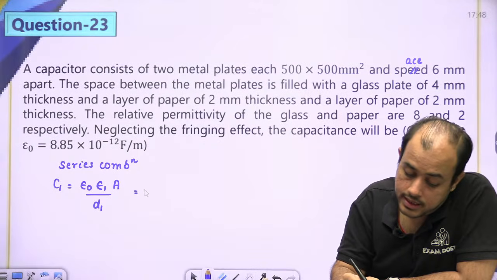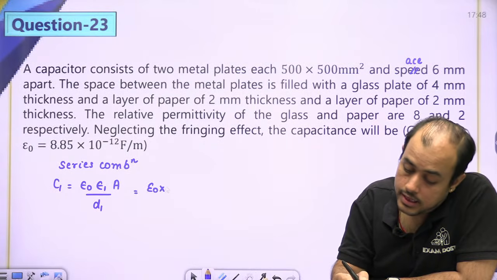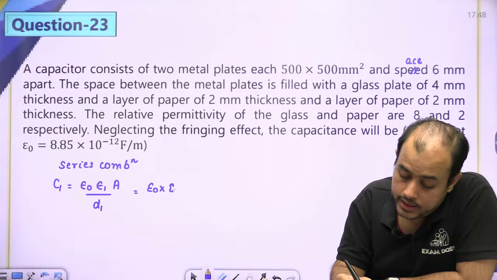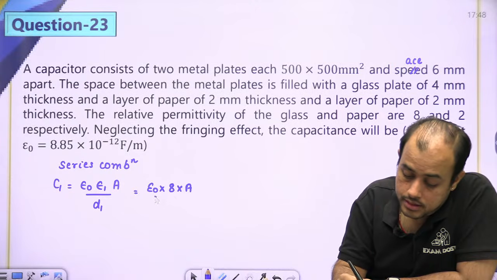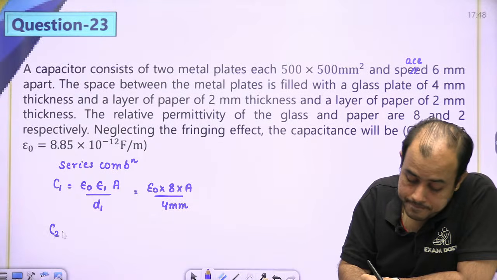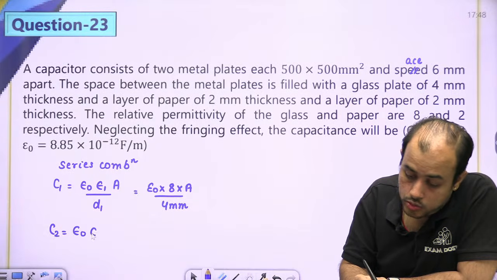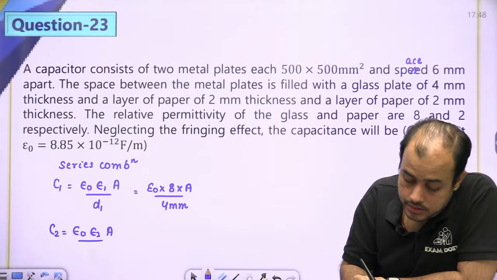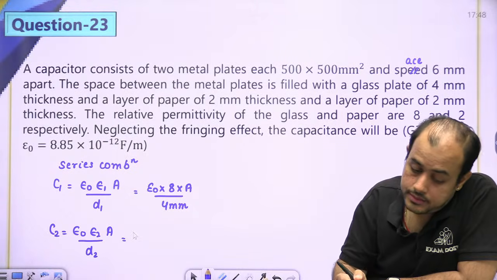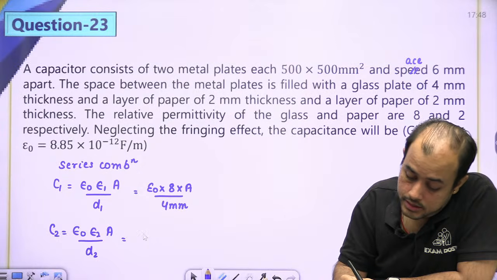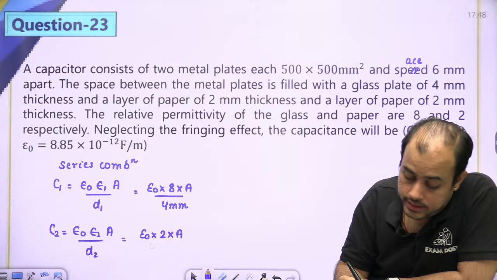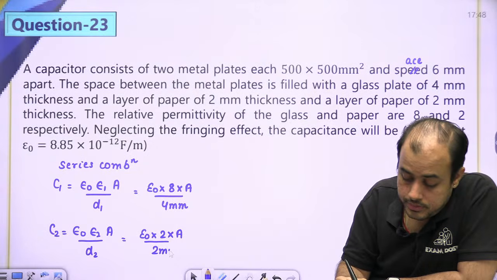First I am taking glass: epsilon naught into 8 into area by 4 mm. Second one is air. No, sorry, paper. The relative permittivity is 2 and the thickness is 2 mm.